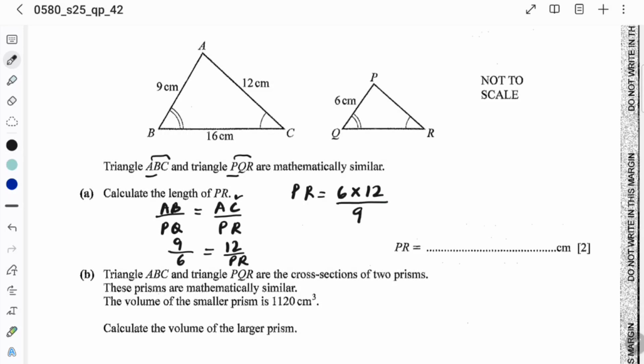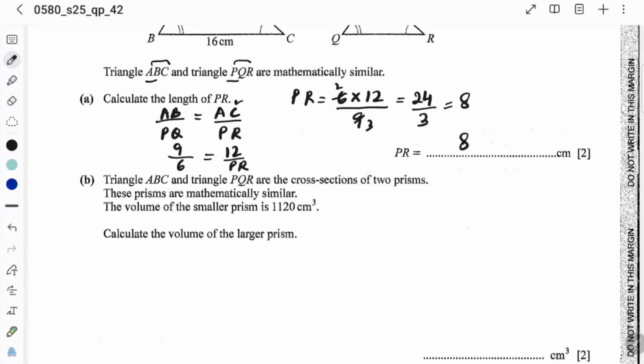That is becoming 3 times 2, and 3 3s are 9, and then it will be 3 times 4 is 12. So 2 times 12 is 24 over 3, that is equal to 8. 8 centimeter is the answer for this question.